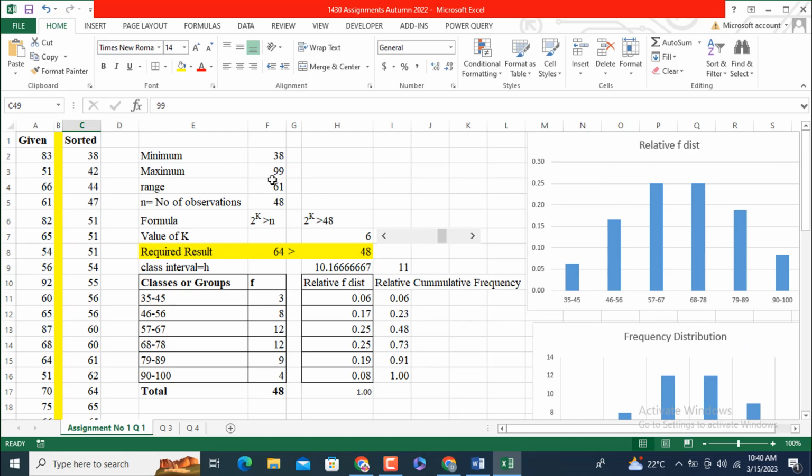Range is equal to maximum minus minimum, and 99 minus 38 is 61. So the number of observations is 48. The formula is 2 raised to the power k is greater than n, where k is the number of classes, and here n is equal to 48.